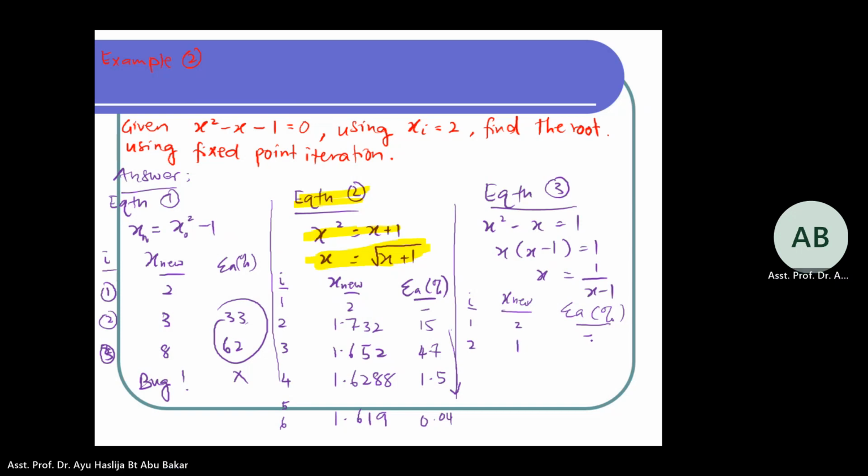EA? 100. See? Third iteration? Error. So this equation 3 is also a bug.